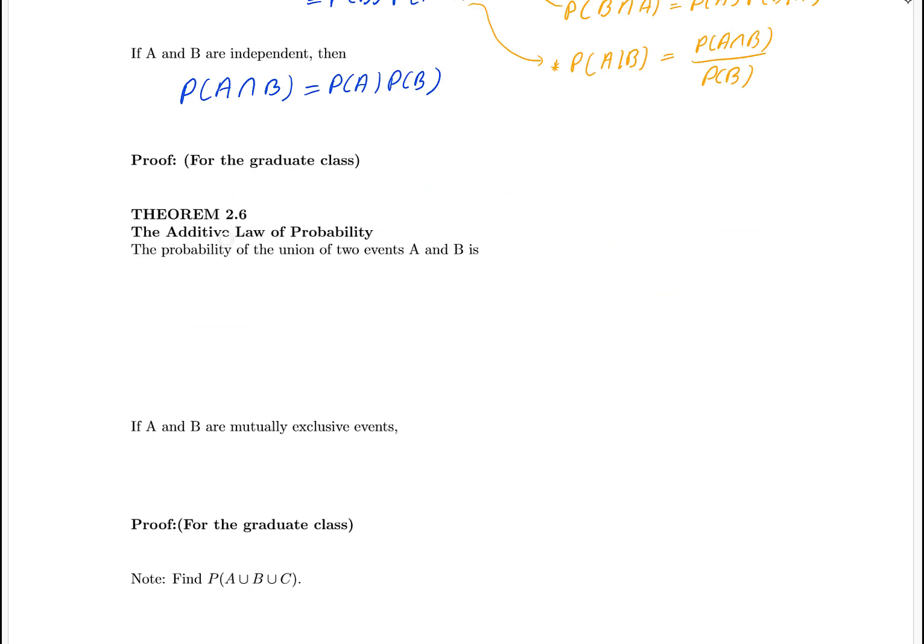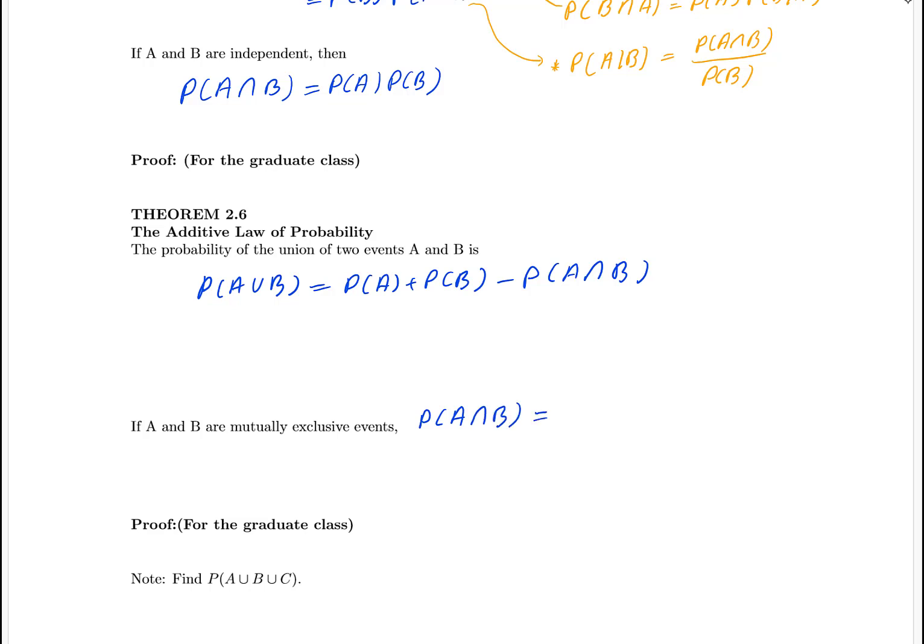Next, the additive law of probability. The probability of the union of two events A and B, probability of A union B, equals probability of A plus probability of B minus probability of A intersection B. Then if A and B are mutually exclusive events, what is the probability of A intersection B?